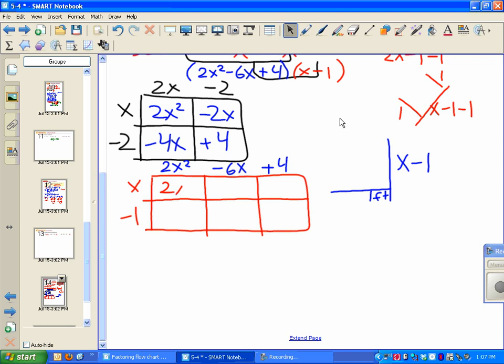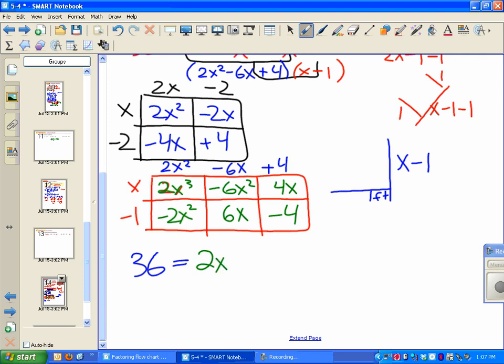2x cubed minus 6x squared plus 4x. And at the bottom, I would get negative 2x squared, a positive 6x, and a negative 4. So my volume of 36 is equal to 2x cubed minus 8x squared plus 10x minus 4 when you combine like terms.